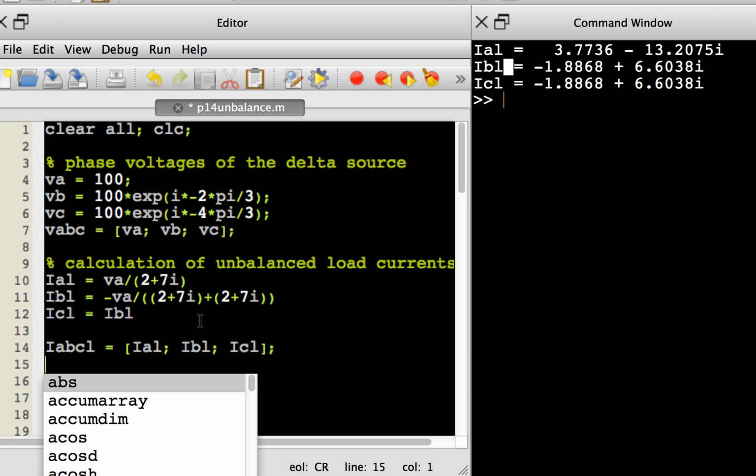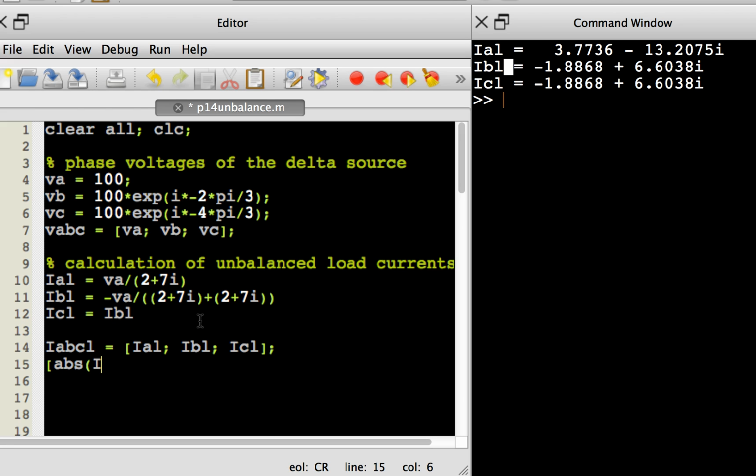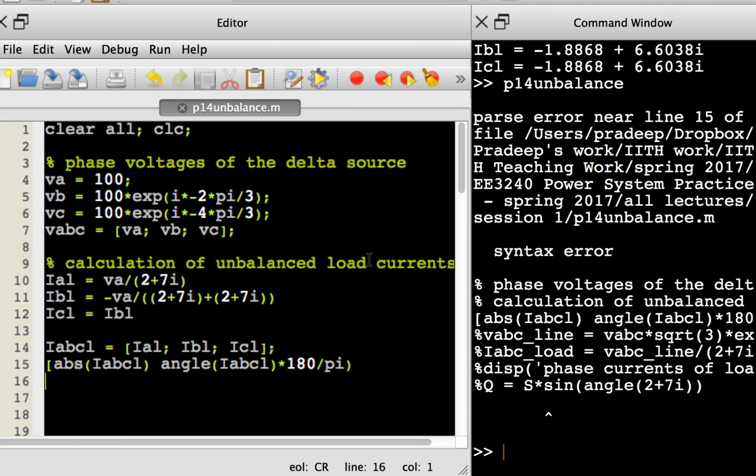Therefore, I'll say absolute value of IABCL, and then I want to display the angle of IABCL. The angle will be in radians, so I multiply by the factor of 180 by pi to convert the radians into degrees. Again, some syntax error. So the closing bracket is missing here.